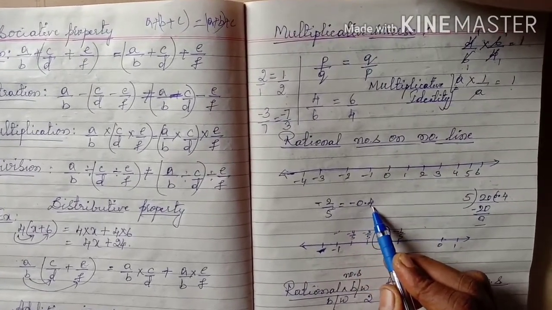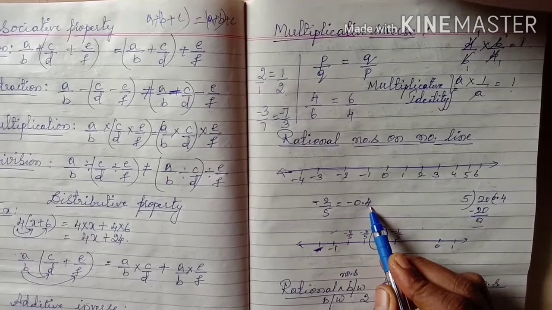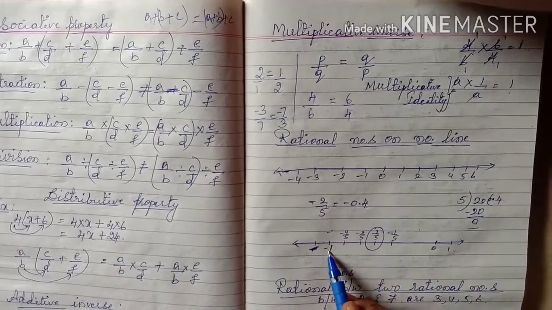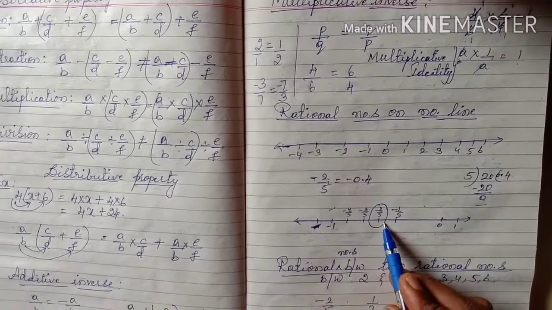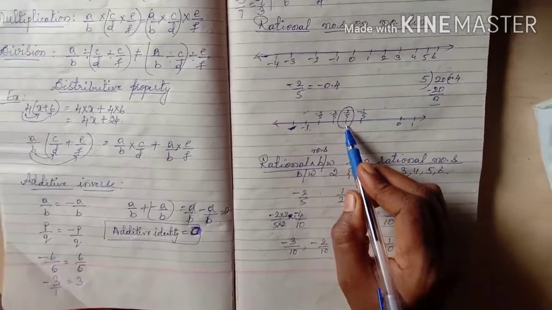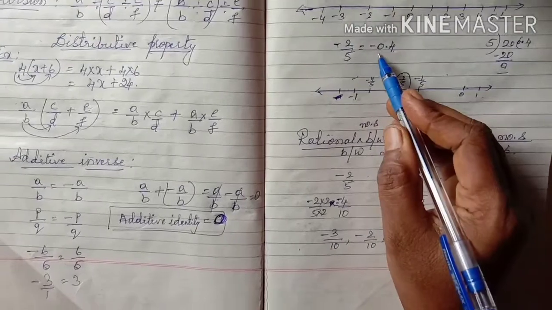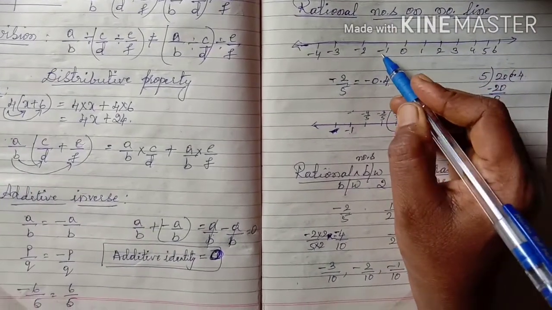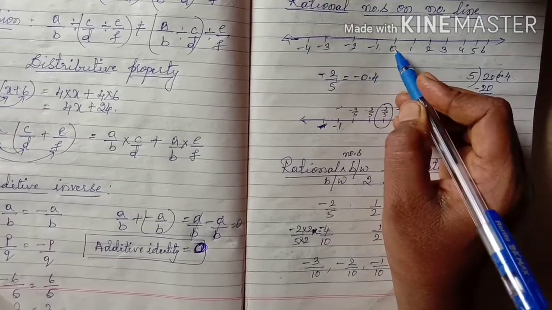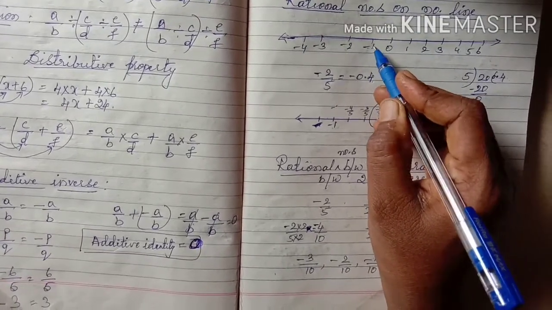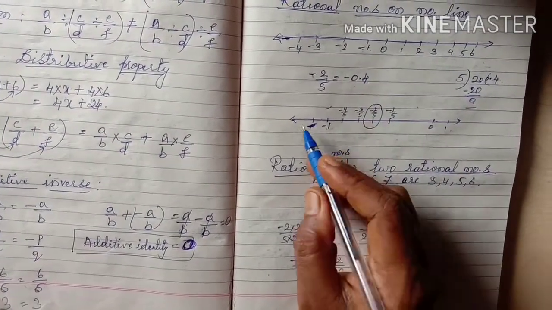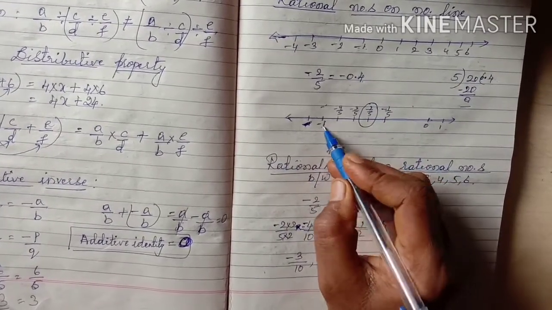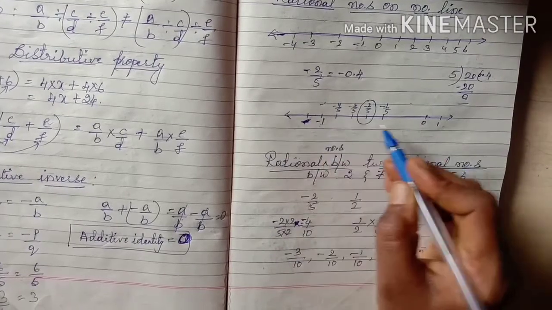So where can we find minus 0.4 on the number line? We can find this minus 0.4 between 0 and minus 1. Yes or no, children? Between 0 and minus 1. So for that we have to draw the number line again, between minus 1 and 0.